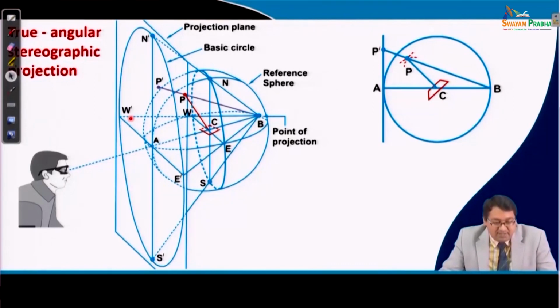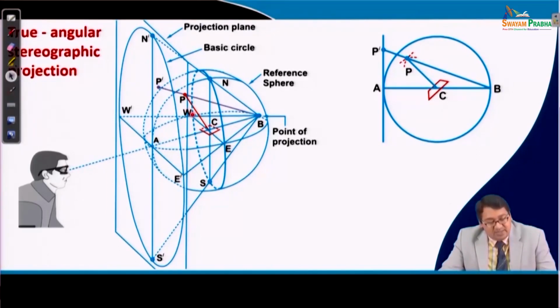On the other hand, there is another great circle which consists of B, E, A and W, and it goes to B again. If this great circle is projected on the 2D stereogram, it becomes a line.